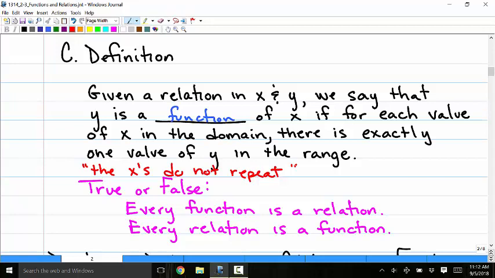So here's a true-false question. Every function is a relation. Is that true or false? To be a function, what do you have to be given? You have to be given that it's a relation. So is every function a relation? Yes, so that first one is true.